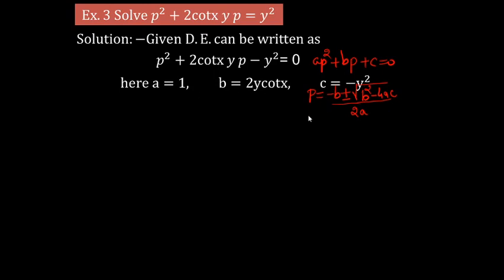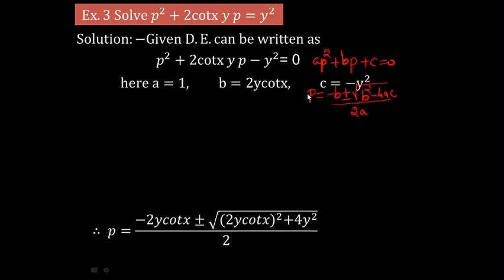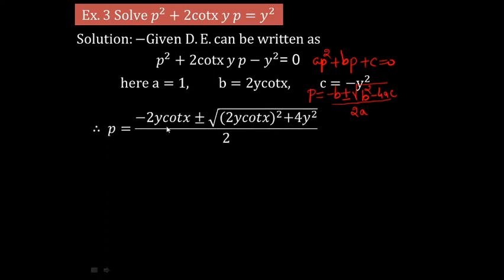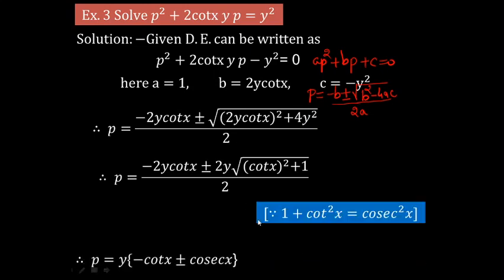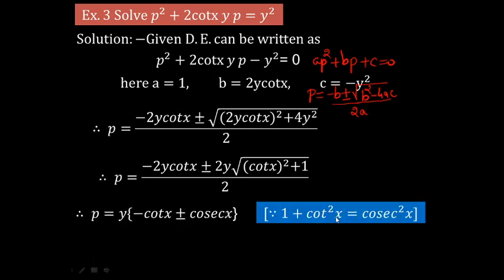Now putting these values in this formula, we get the roots of p as minus 2y cot x plus minus under root of 2y cot x whole square plus 4y square, upon 2. Simplifying further by making use of the formula 1 plus cot square x is equal to cosec square x, we take 4y square outside the under root, that becomes 2y, and the 2 gets cancelled.